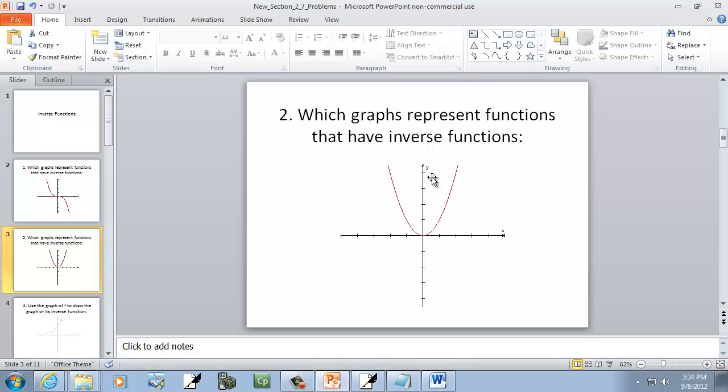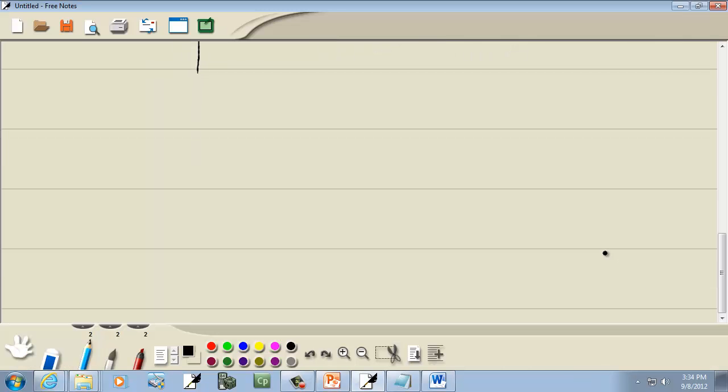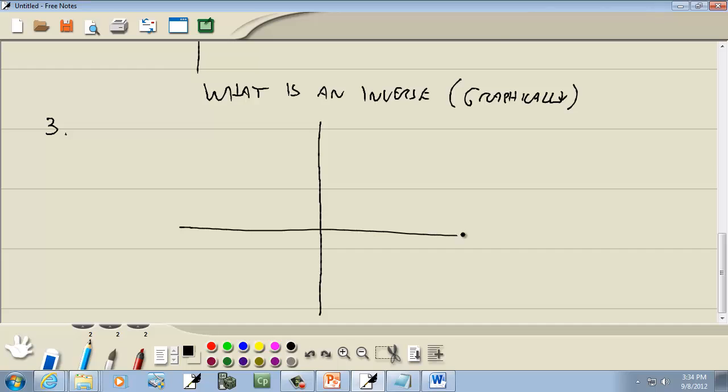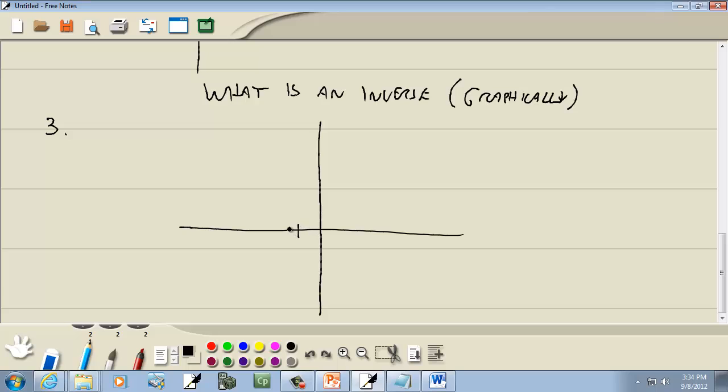Well, let's look at what an inverse is graphically, and we'll use this graph to do it. Okay, so one of our points is at -4, 0. So it's right there.